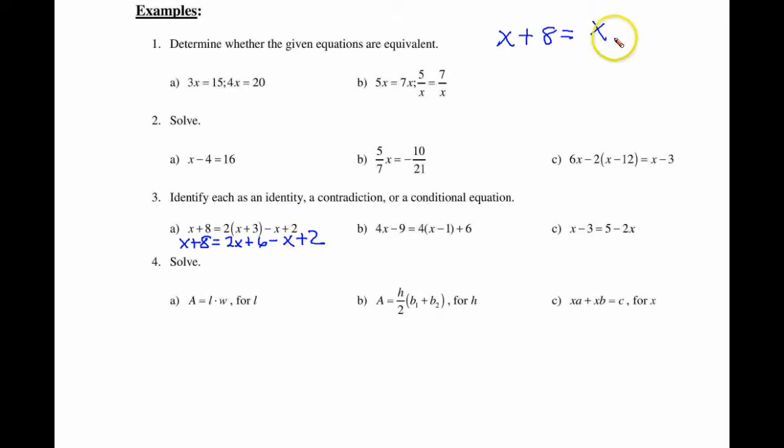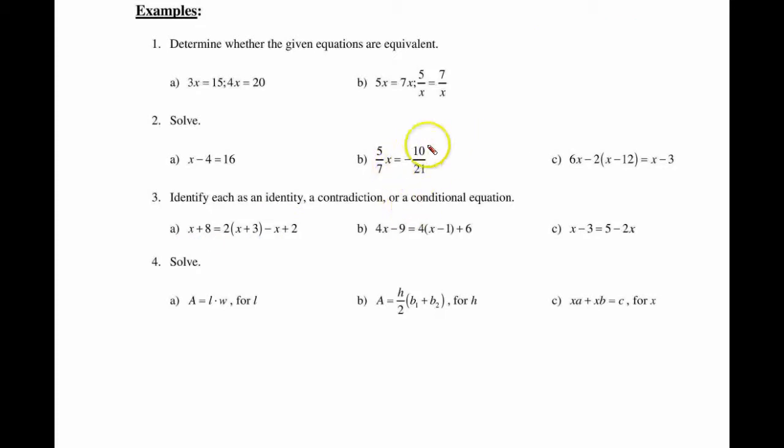Add my 6 and 2 together, 8. Now notice it didn't look like an identity in the beginning, but once we did the things needed to start to solve the equation, collect like terms, we see it is an identity. So the answer to this is all real numbers, and it's an identity.